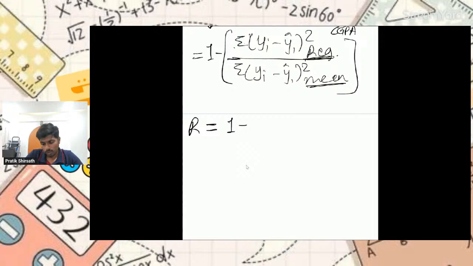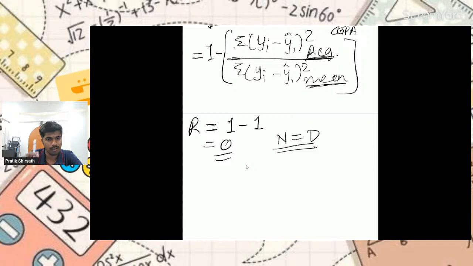Now when I'm saying both the values are same, if both the numerator and denominator are same, then what I will get, 1 minus 1, of course. क्योंकि cut हो जाएगा तो 1 ही आ जाएगा, and 1 minus 1 is nothing but 0.